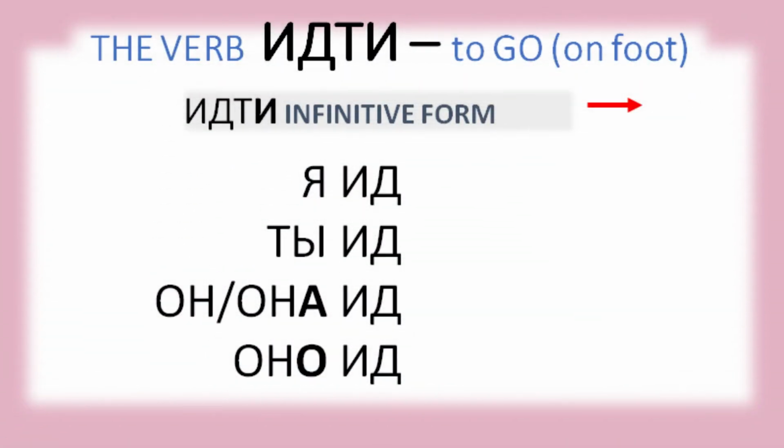The infinitive form of the unidirectional verb to walk is идти. To say I walk is я иду. You walk is ты идёшь. He or she walks is он, она идёт.